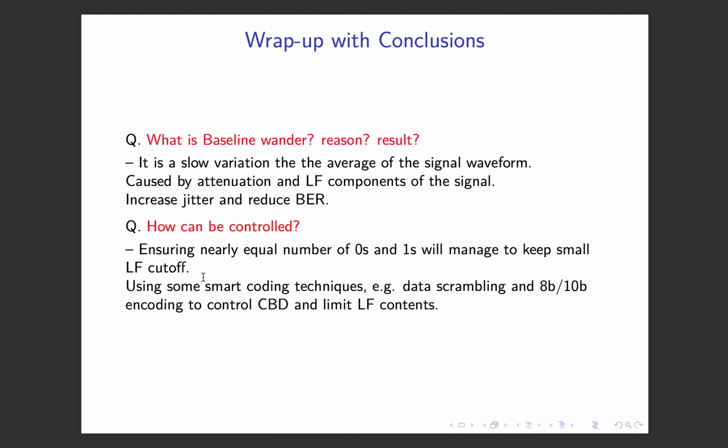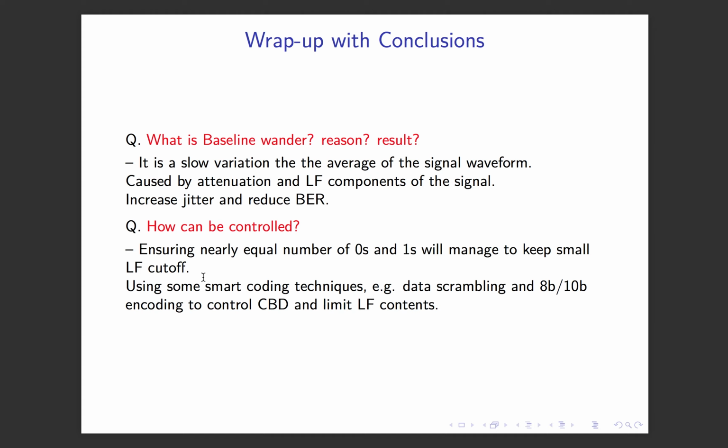And now there is a question: if there is baseline wandering, how can we control it? As we have said before, we have to ensure there is nearly the same amount of zeros and ones in the system, but the best approach is to have alternating 0s and 1s, so the effective baseline wandering gets canceled out.